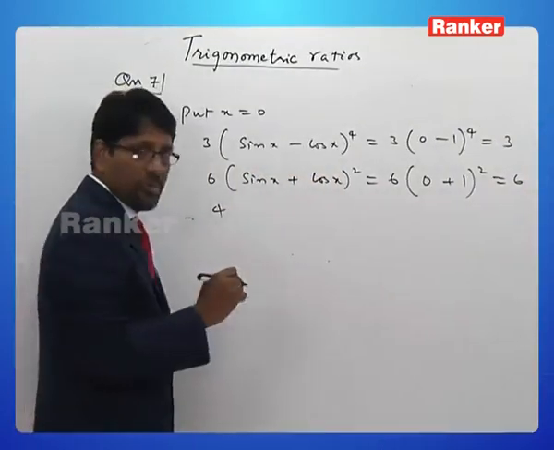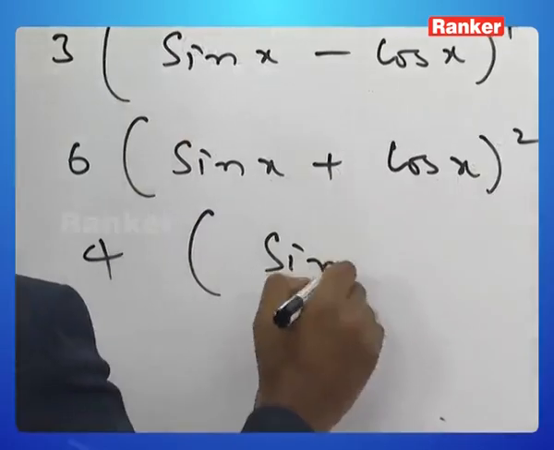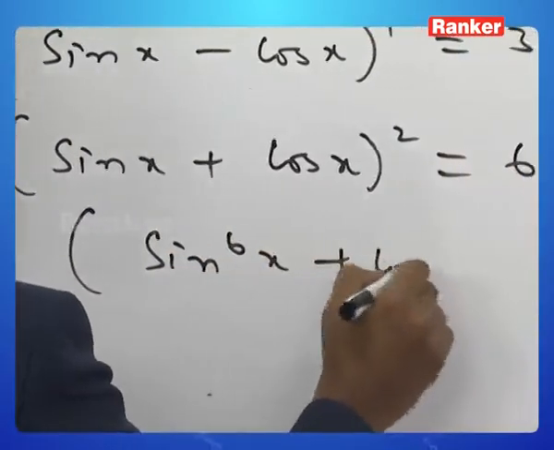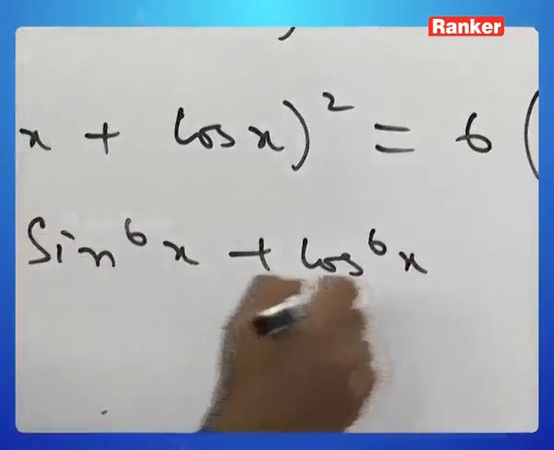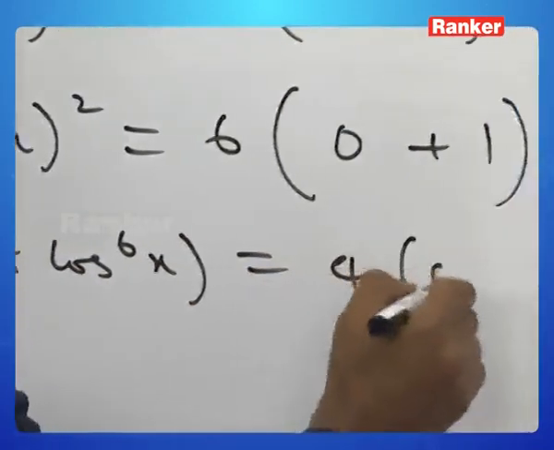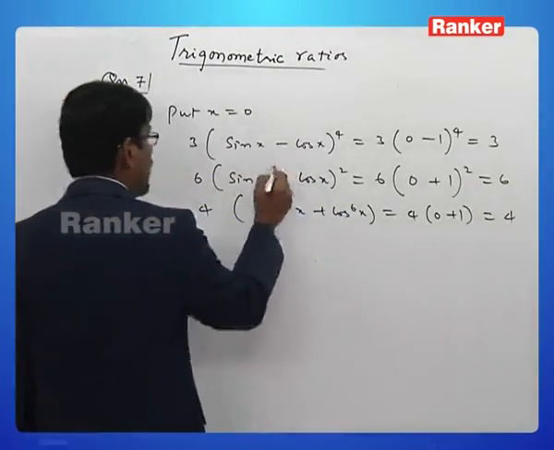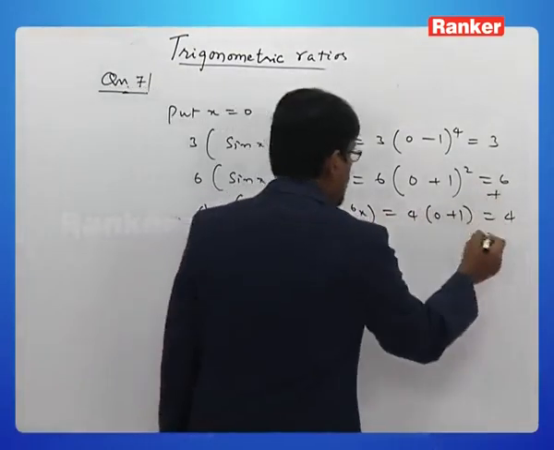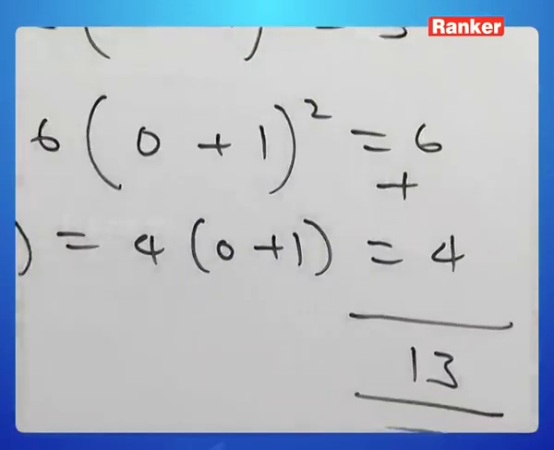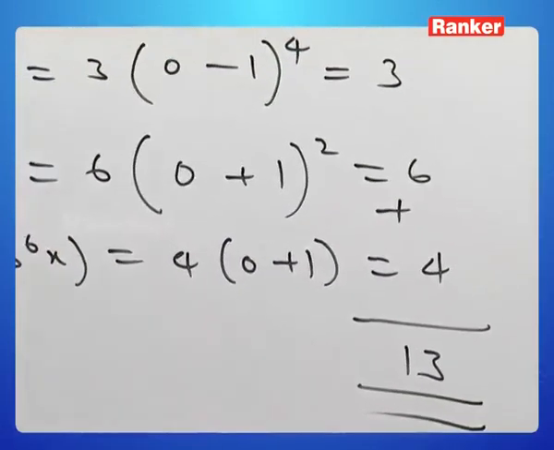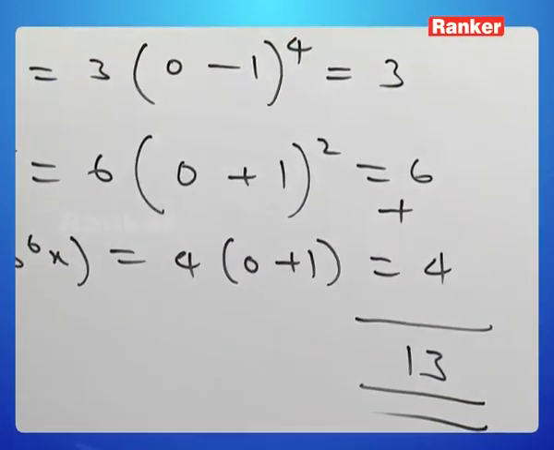And 4 into (sin power 6 x plus cos power 6 x) comes out to be 4 into (0 plus 1), that is again 4. So if you add all these three, what do you get? 13.